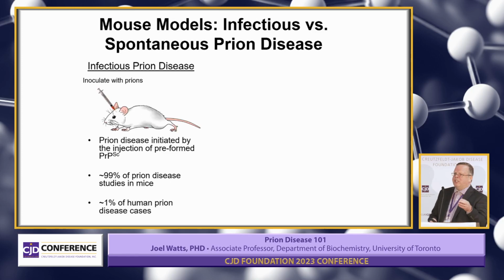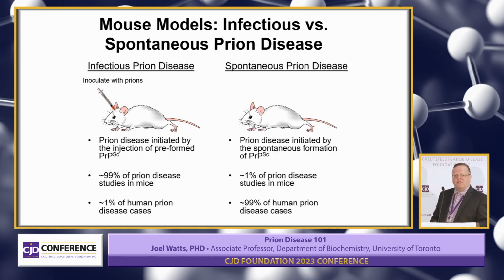So this system that I just talked about, where you inject mice with a pre-existing source of prions, is the most common way of studying prions in a laboratory environment. The problem is, in humans, 99% of cases do not arise due to an infection. They arise either sporadically or due to a mutation. So there's no pre-existing source of prions that gets introduced in the body.